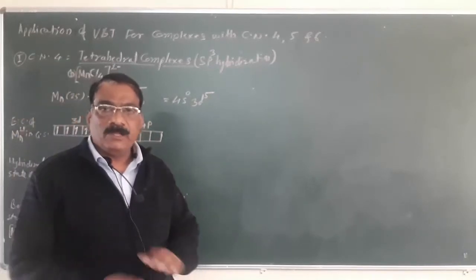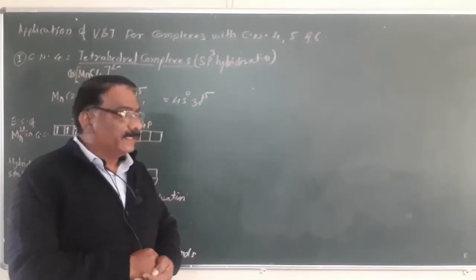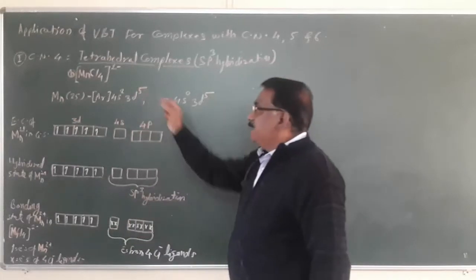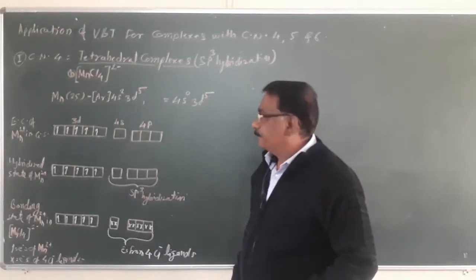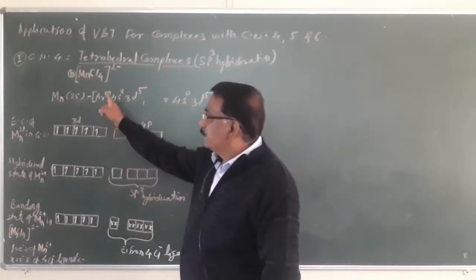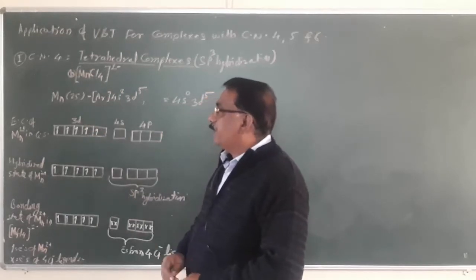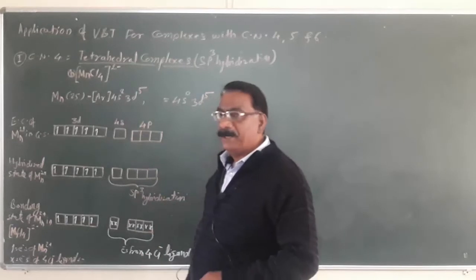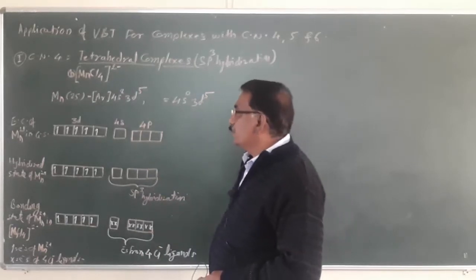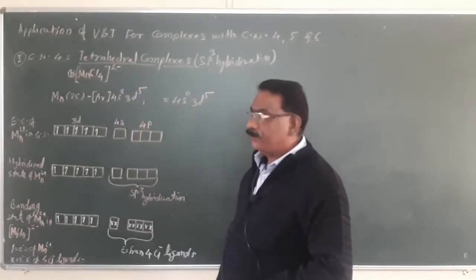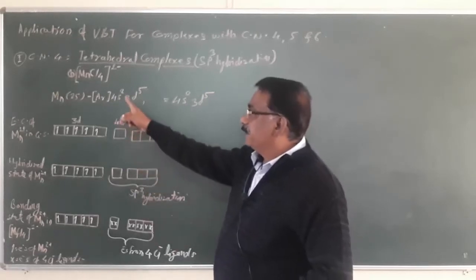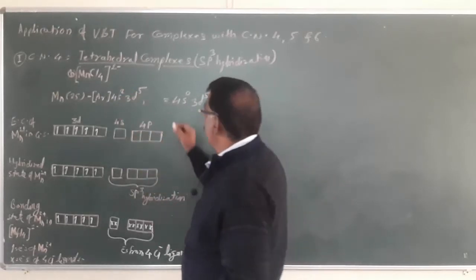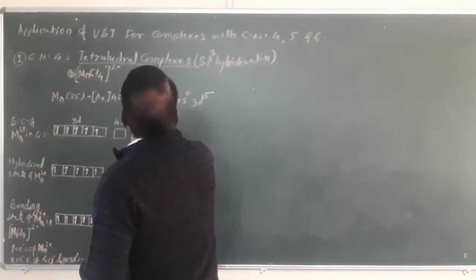See, the second example of tetrahedral complexes is MnCl4 2 minus. In this complex, Mn has atomic number 25, its electronic configuration is argon core completed, 4s2 3d5. When we consider its oxidation state, here Mn shows Mn2+.